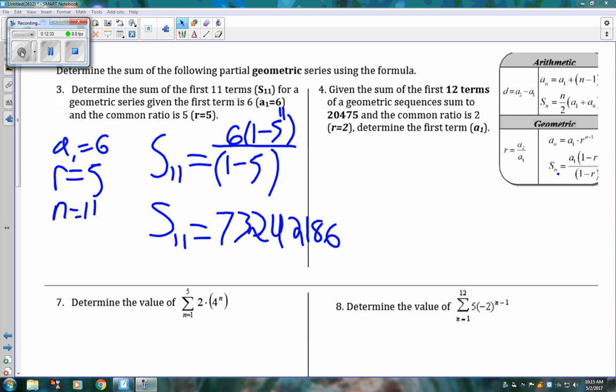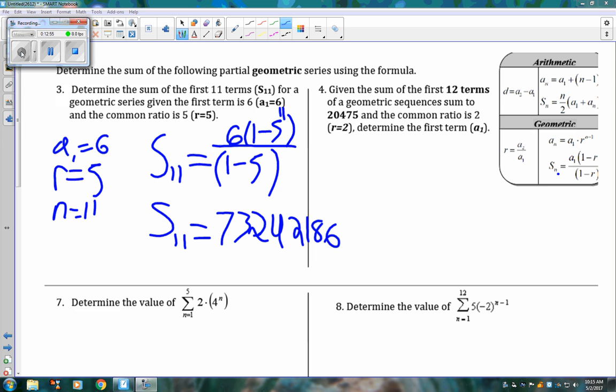It says, given the sum of the first 12 terms of a geometric sequence, oh, I totally misread that, I'm going to start over. Given the sum of the first 12 terms of a geometric sequence sums to 20,475, and the common ratio is 2, determine what the first term is.